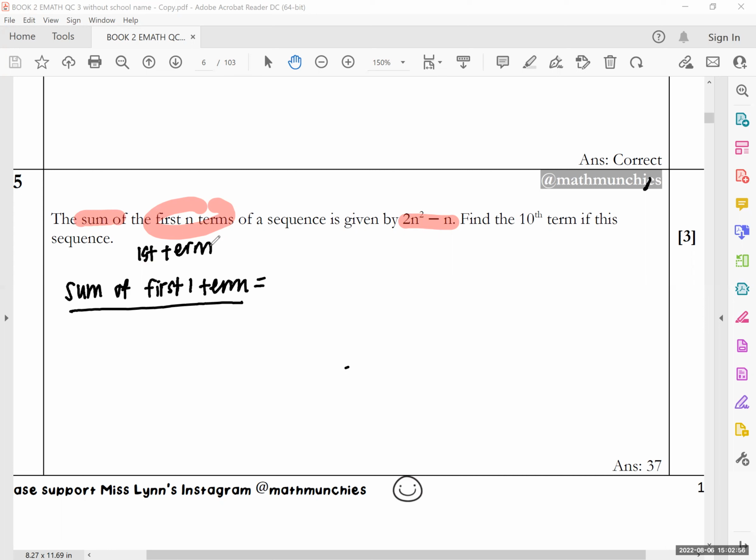So for this case, what's your n value? If the sum of the first one term means the n value is 1, we can start with n equal to 1 inside here, isn't it? And how much do you all get? 1.